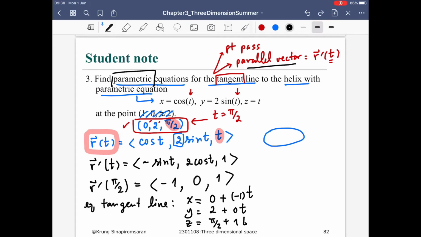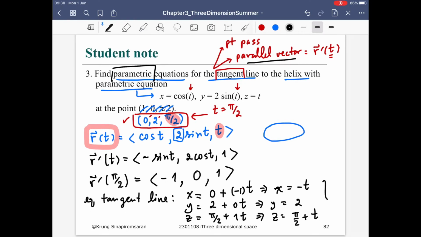Or you can say that this is x equals negative t, y equals 2, and z equals pi over 2 plus t. So this is the parametric equation of your tangent line to this helix at this particular point.